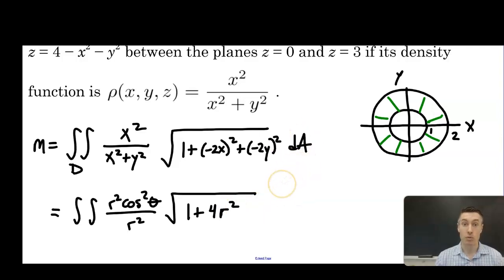And then the dA, since we're converting to polar, is r dr d theta. r goes from 1 to 2. Theta goes from 0 to 2 pi. We do get a bit of simplification here. The r squared terms cross out. So we're integrating cos squared theta times the square root of 1 plus 4r squared times r dr d theta. So it is separable.